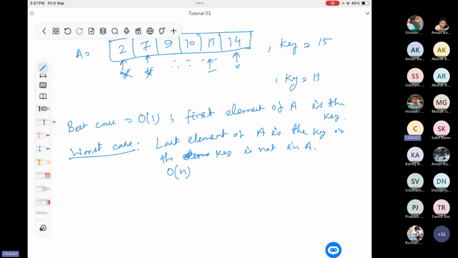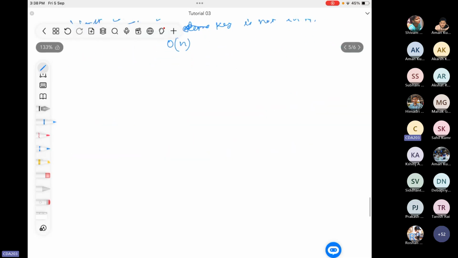If you remember, we did that merge sort with 1:3 ratio, and to solve that one, we used this recursion tree method.